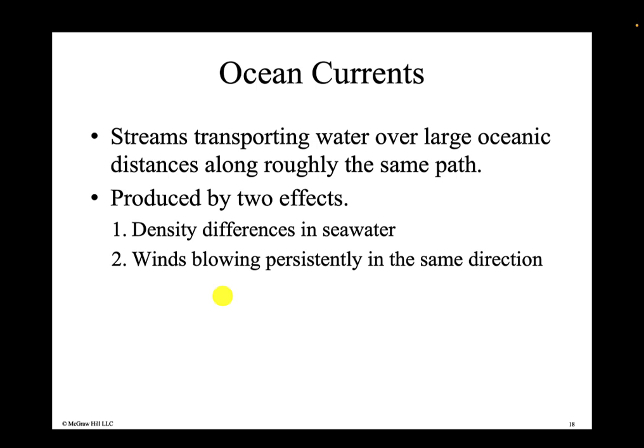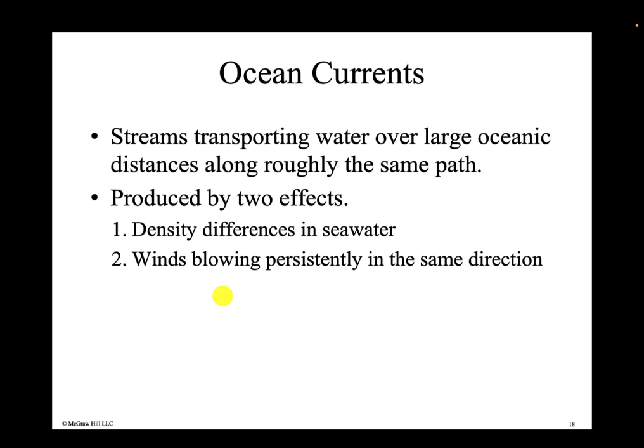So for instance, we know that cold water is denser than warmer water. So sort of the cold water pushes the warm water. That's the same effect that we had with the air masses when you have the cold air mass pushing forward the hotter air mass.